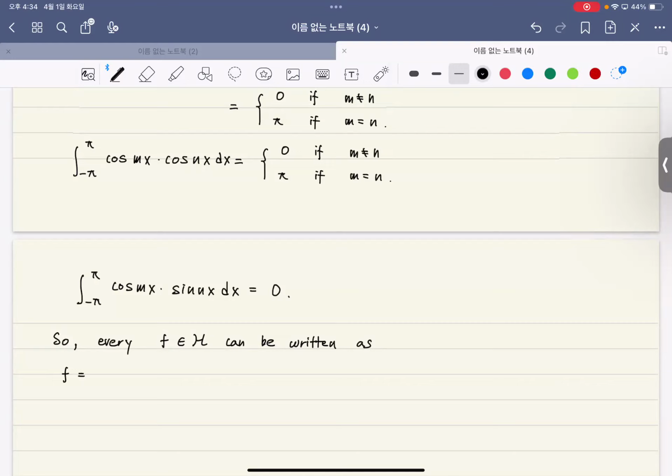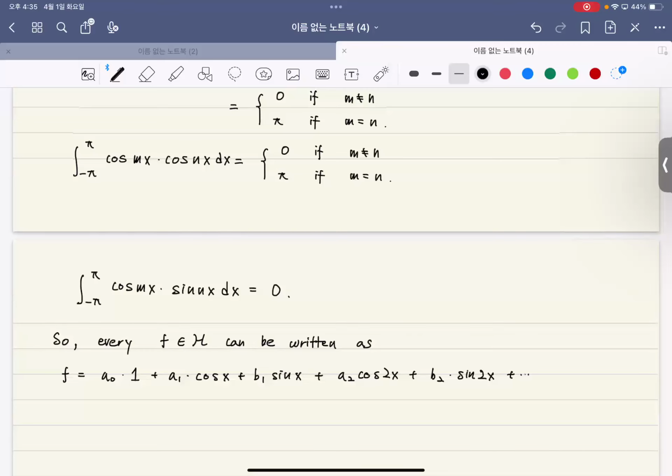So f is A0 times 1, plus A1 times cosine x plus B1 times sine x, plus A2 times cosine 2x plus B2 times sine 2x, and it goes along like this.